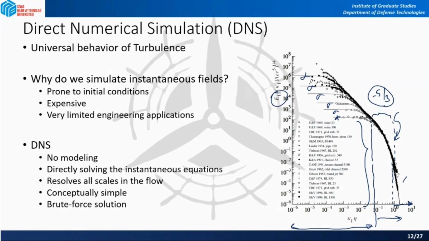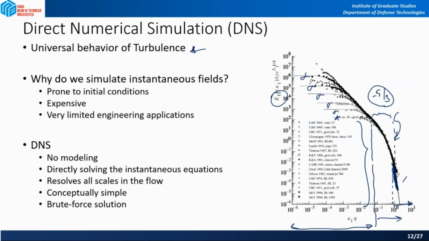So this is another line, much steeper than the minus 5 thirds. And this is given in the book as a kind of evidence of what we call universal behavior of turbulence.